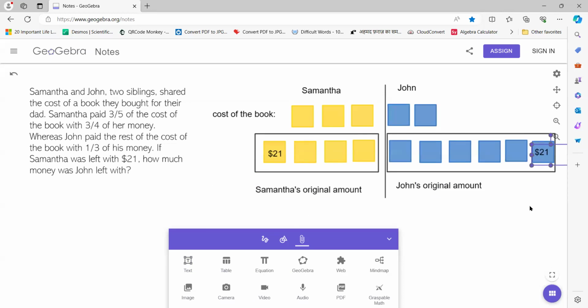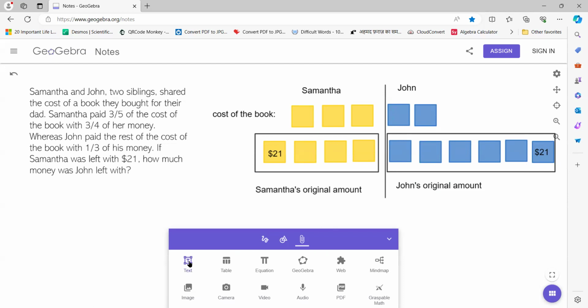Now, if John originally had six blue squares, he used one-third of his money, which is two blue squares. He was left with four blue squares. Each square that he was left with is worth $21. Four squares must be worth $84.